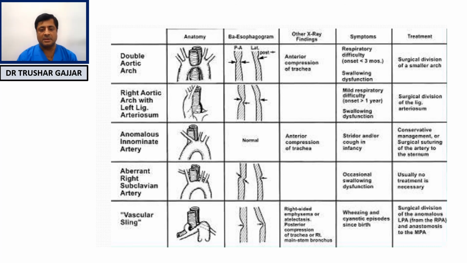Anomalous pulmonary artery, the barium esophagogram or the CT will be normal, only it will be compressing in a different area. It will compress the trachea. Aberrant right subclavian artery will compress the esophagus and it will be seen in an esophagogram or CT angiogram.